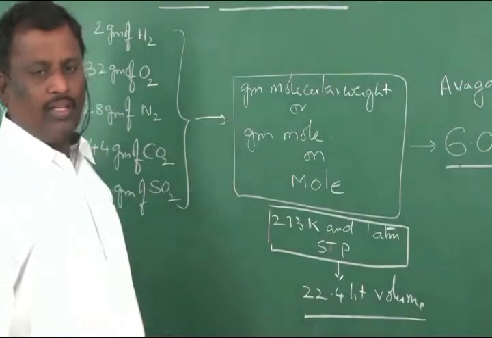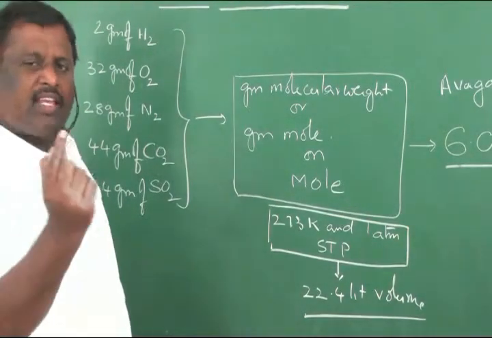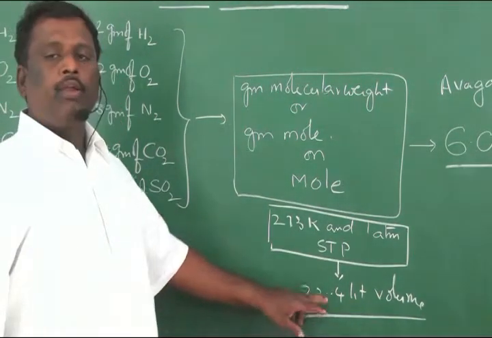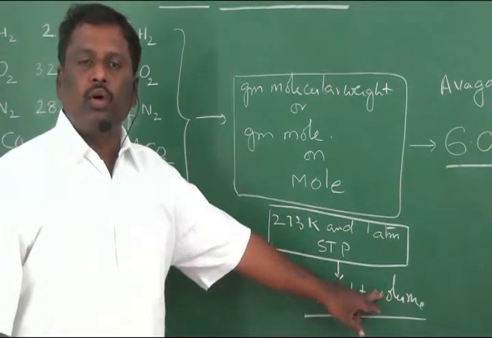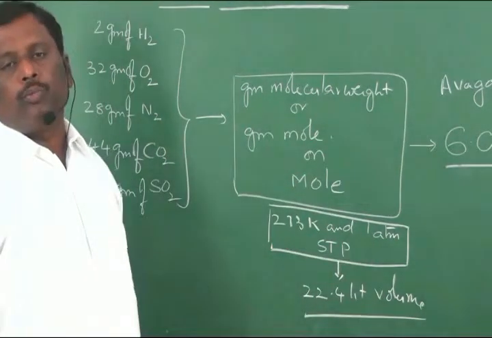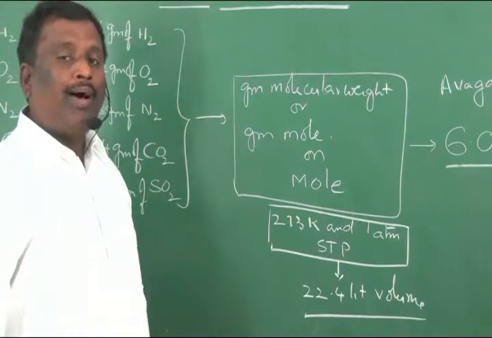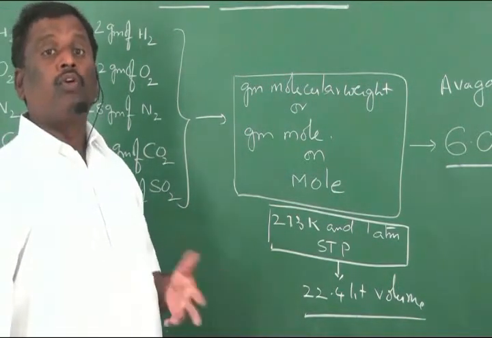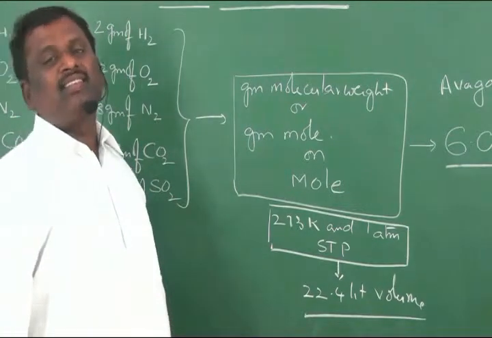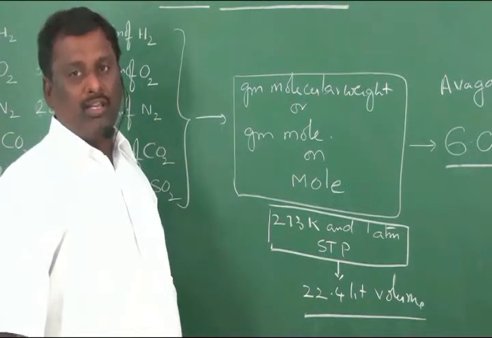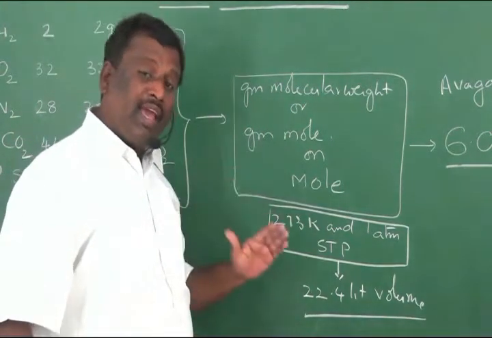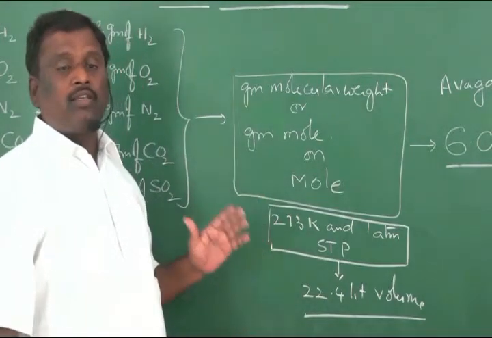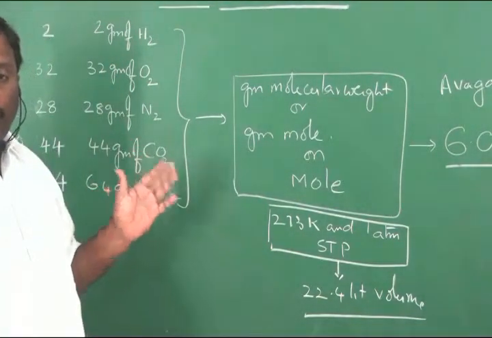1 gram molecular weight or 1 mole of any substance will occupy 22.4 liters volume. This volume is said to be gram molar volume. That means the volume of 1 mole of gas is said to be gram molar volume. 1 mole of any gas at STP conditions will occupy 22.4 liters.